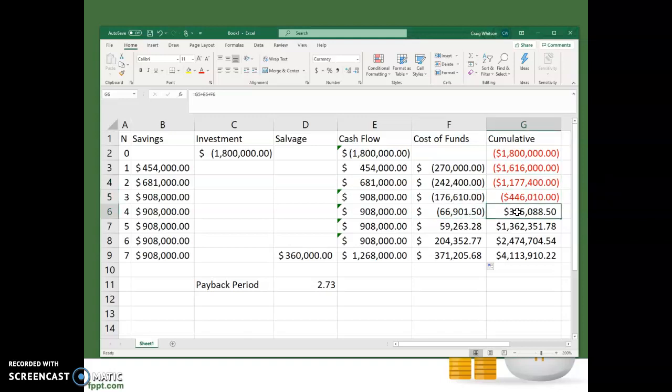And it's when we finally get into the black that we have this cost of funds here being positive. And so you may think, well, why do we have a cost of funds if we've paid off our debt? We've paid off the loan. We're in the positive now. Why do we still have a cost of funds?